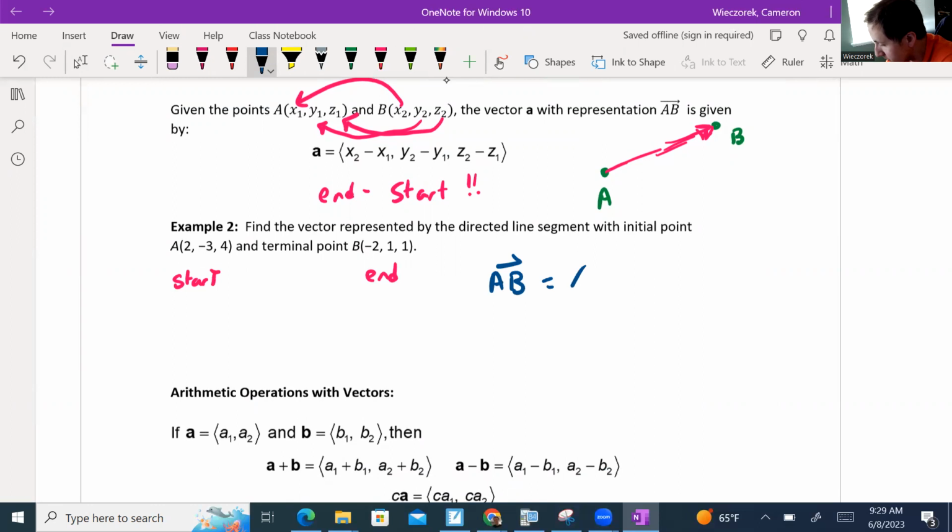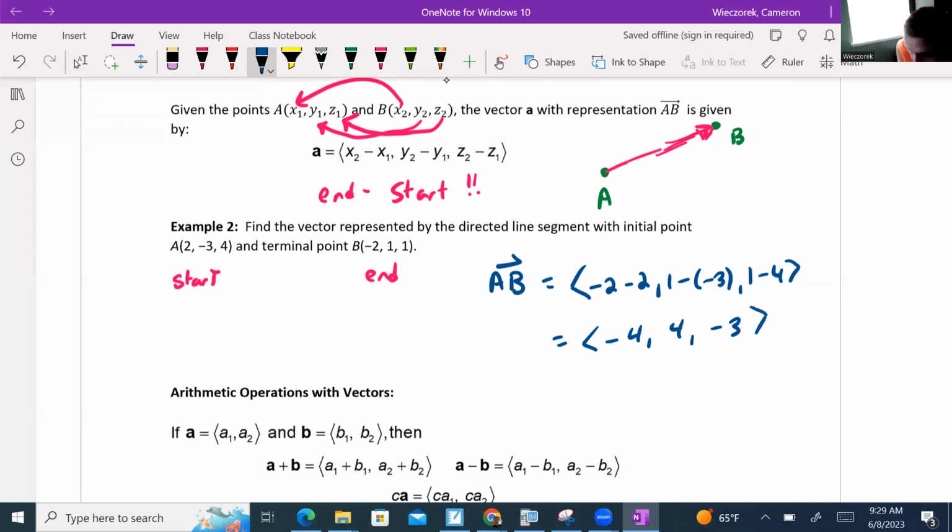I'm just going to subtract terminal point minus initial point. -2 minus 2, 1 minus -3, 1 minus 4. So I end up with ⟨-4, 4, -3⟩. Okay. So that would be my vector.